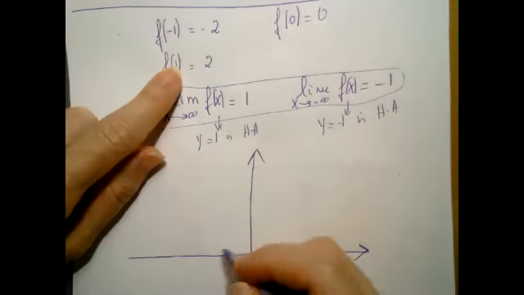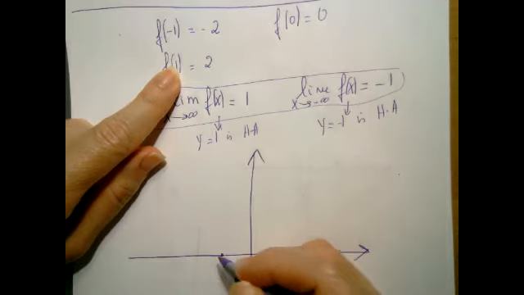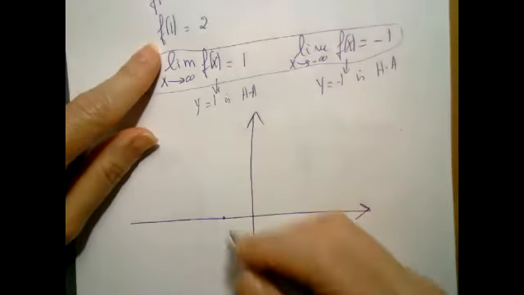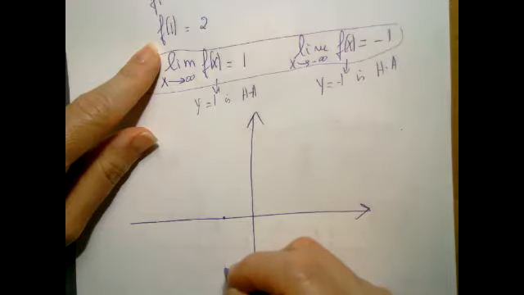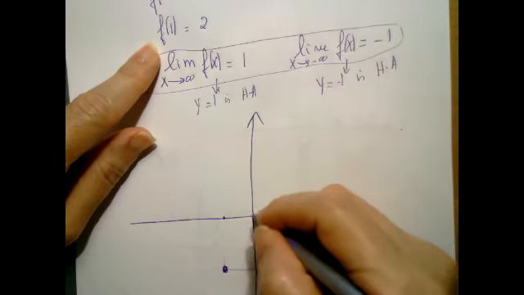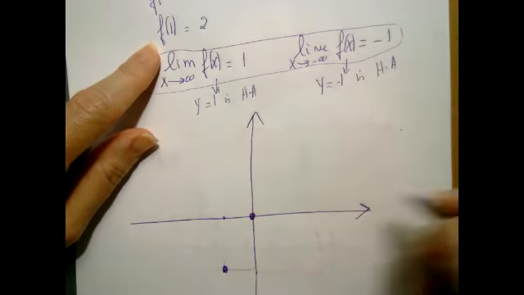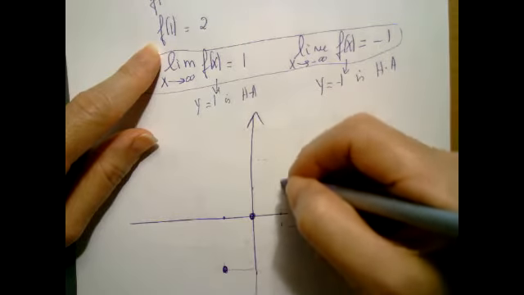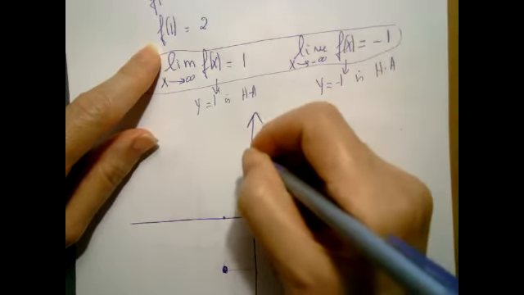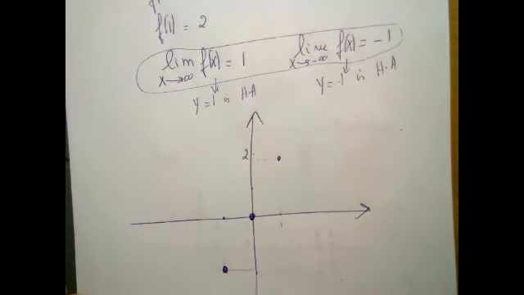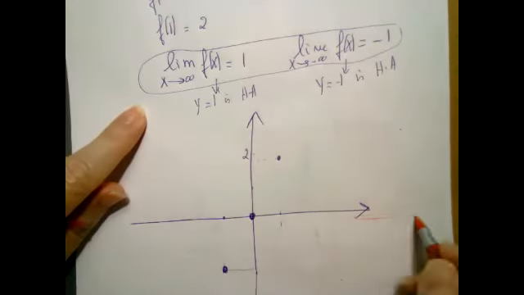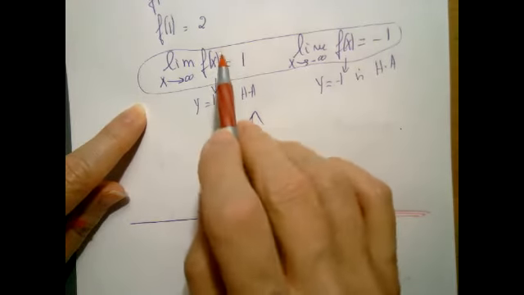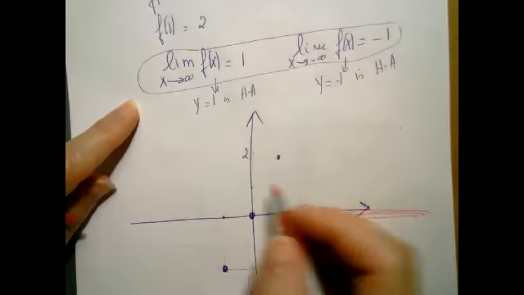Okay, I want -1 to go to -2. So -1 has to go to -2. I want you guys to draw it with me. So here, at 0, I want it to be 0. At 1, I want it to be 2. So this is 2. And now, when x goes to +infinity, so when x keeps increasing without bound, I want the output to become close to 1.